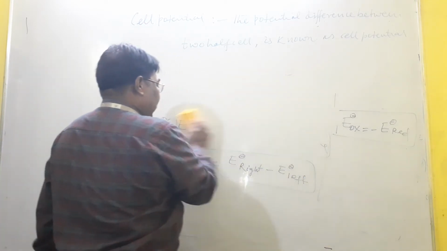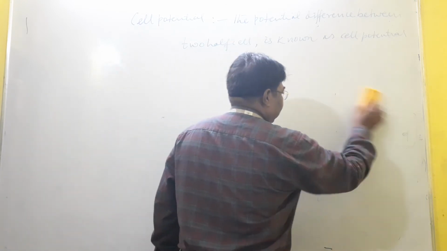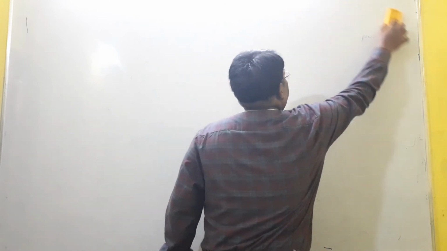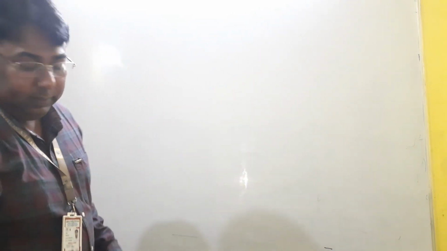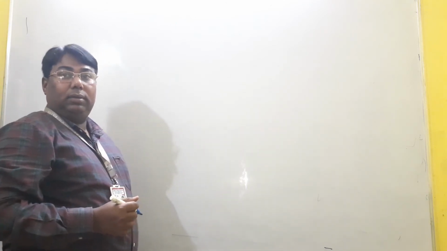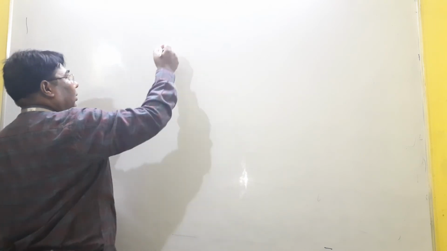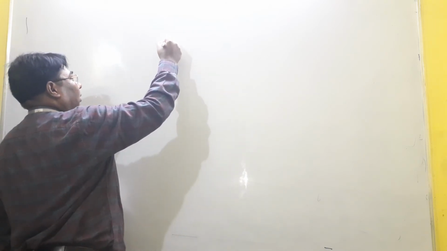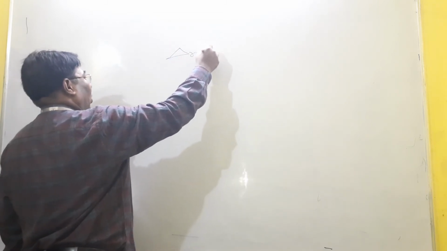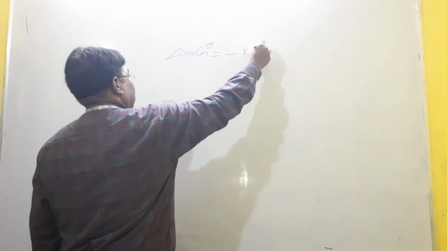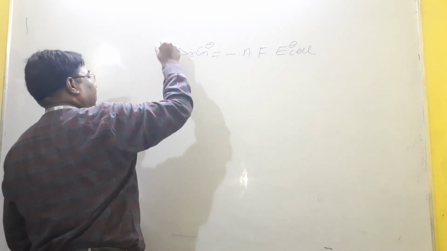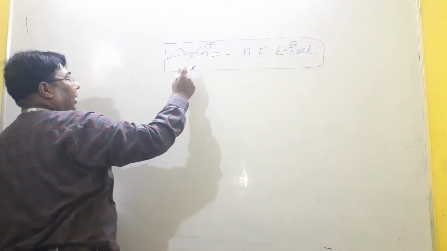Now try to understand other useful relationships between standard cell potential and Gibbs free energy. Del G naught is equal to minus nF E naught cell. This is one of the important relationships of the Gibbs free energy.